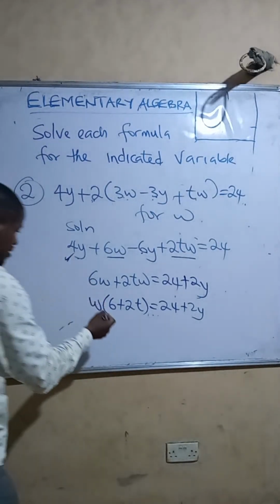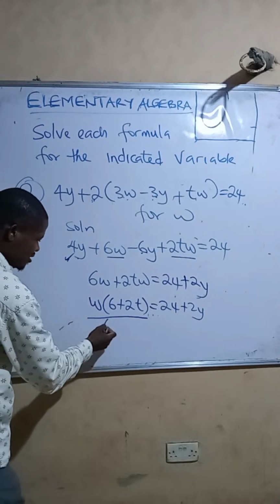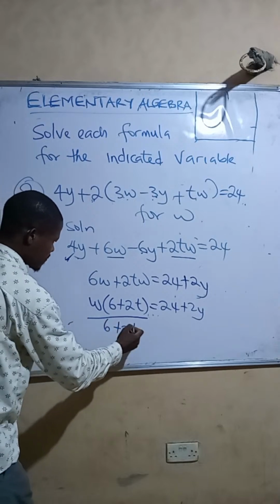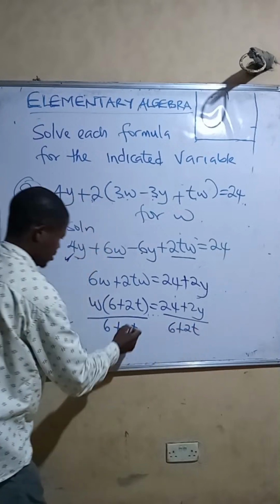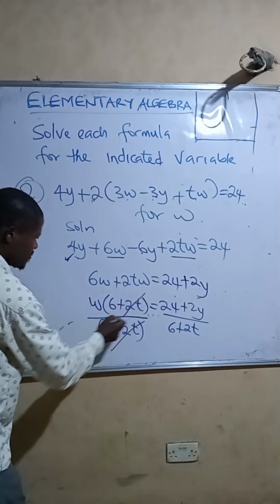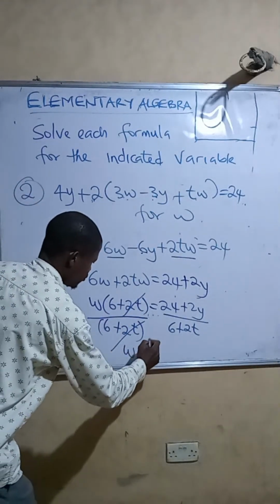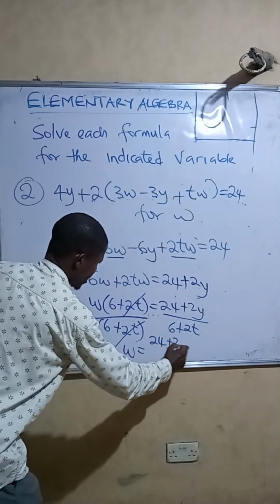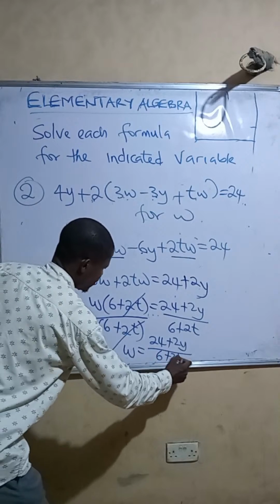So then divide both sides by the attachment to w, which is 6 plus 2t. So it cancels here. Okay, so we now have w equal to 24 plus 2y over 6 plus 2t.